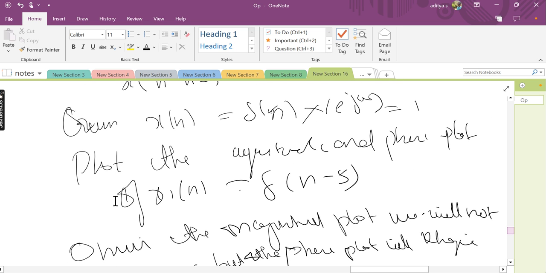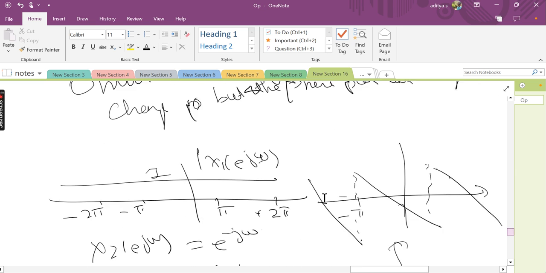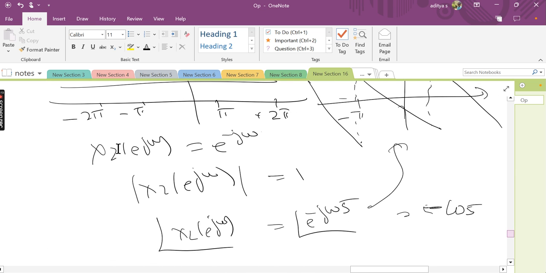Plotting both sides, the magnitude plot remains the same while the phase changes. This is the magnitude plot diagram.